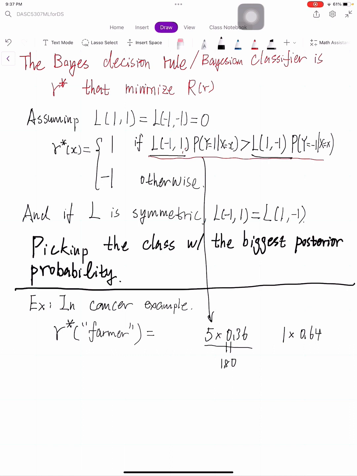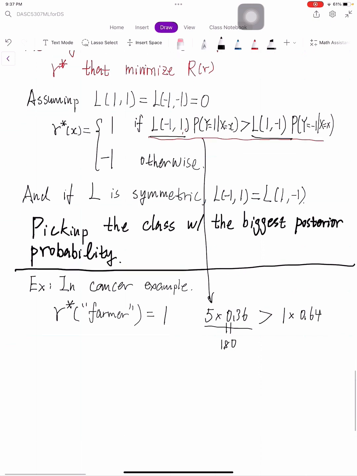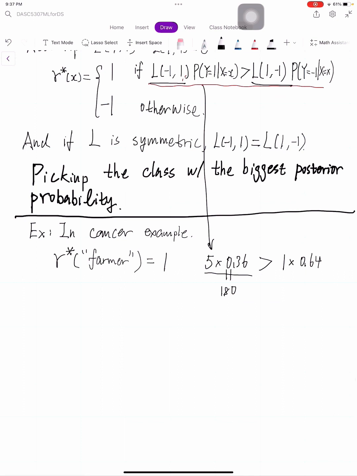So this multiplication is 1.8, and on the right hand side is 0.46, so it will be greater than. Therefore we predict it's safer to predict cancer. Although the posterior probability is smaller, it's still safer to predict the farmer has cancer.